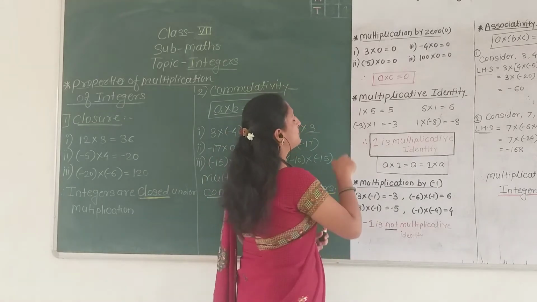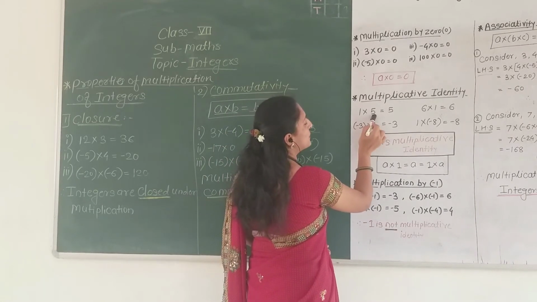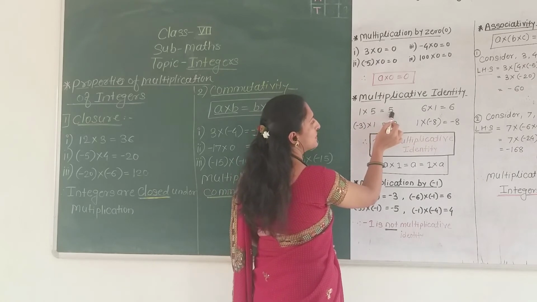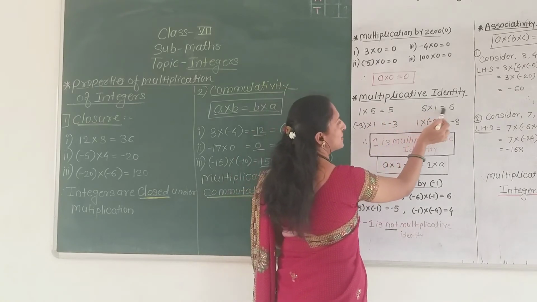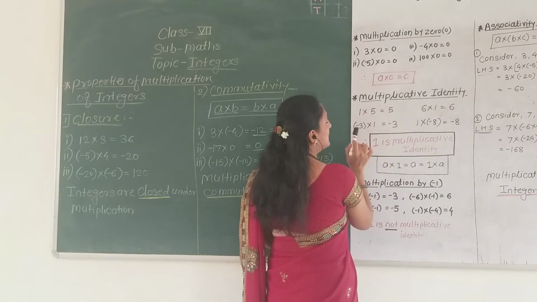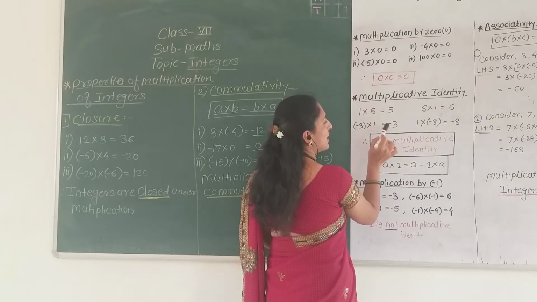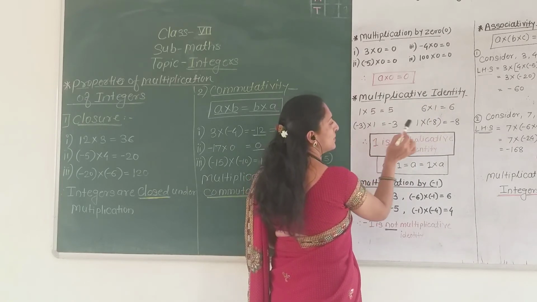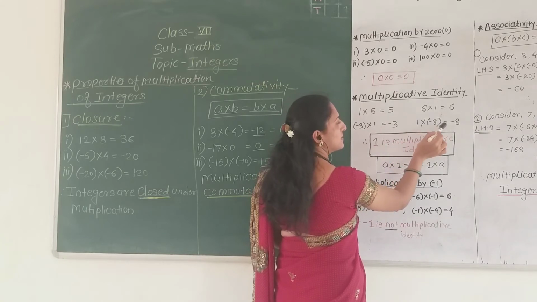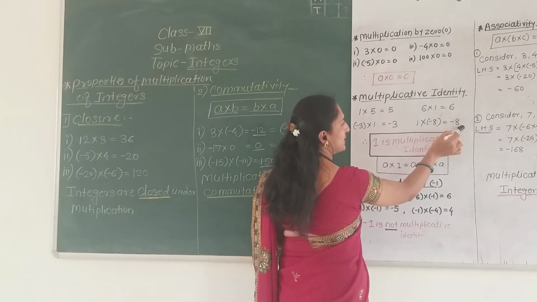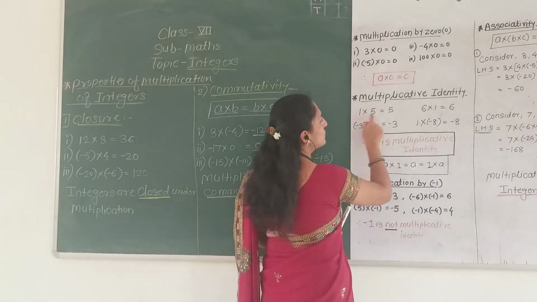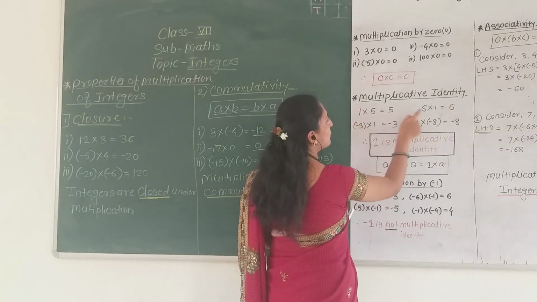Now look at here. 1 into 5, the answer is 5. 6 into 1, answer is 6. Negative 3 into 1, answer is negative 3. 1 into negative 8, our answer is negative 8. In the fourth example, here I multiply with 1.